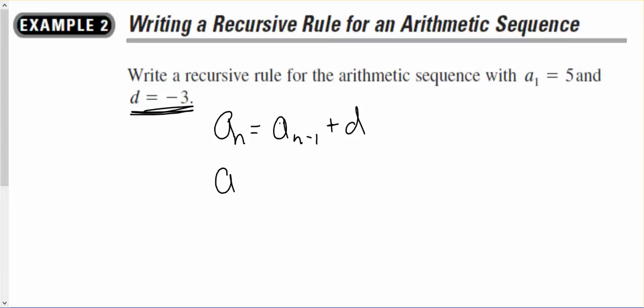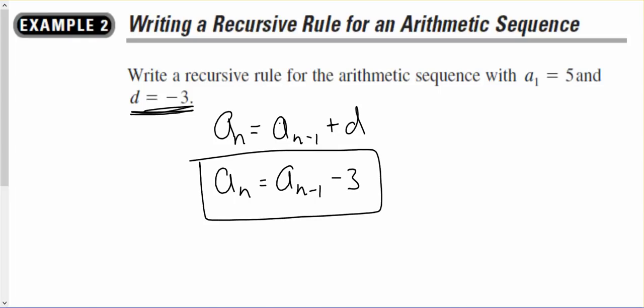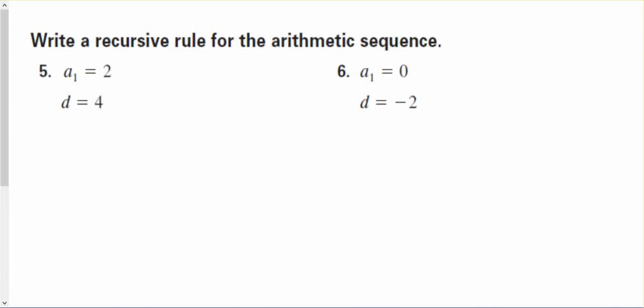So this is going to be a sub n equals a sub n minus 1 minus 3. You guys can do this. Our a sub n equals a sub n minus 1 plus our common difference. We'll use that for both of them.